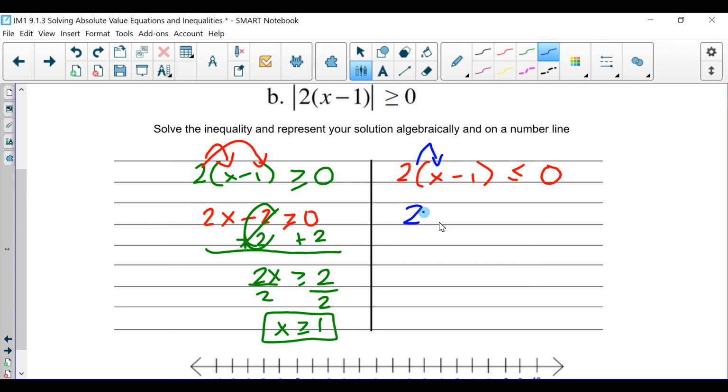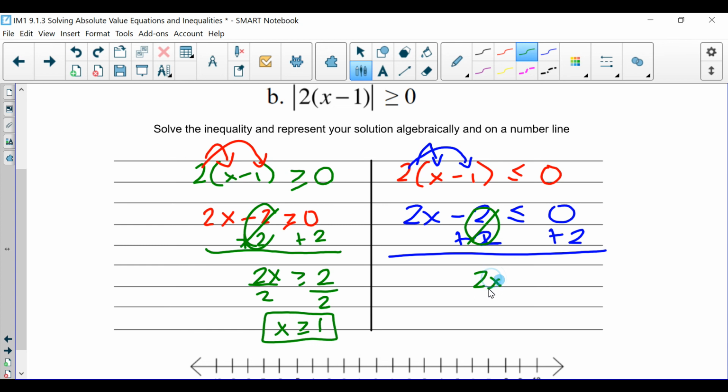Got 2x minus 2 is less than or equal to 0. Continuing on. We end up with 2x is less than or equal to 2. Dividing by that 2, and we get x is less than or equal to 1.